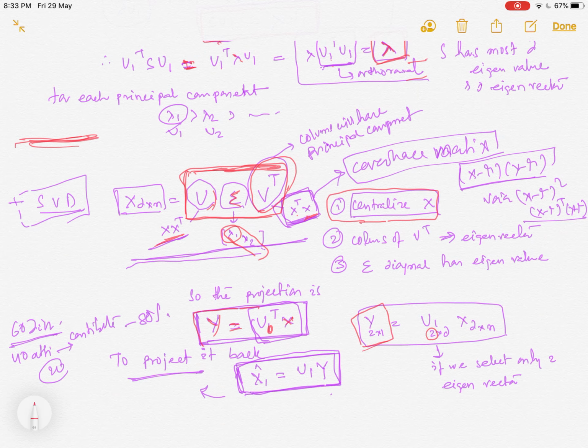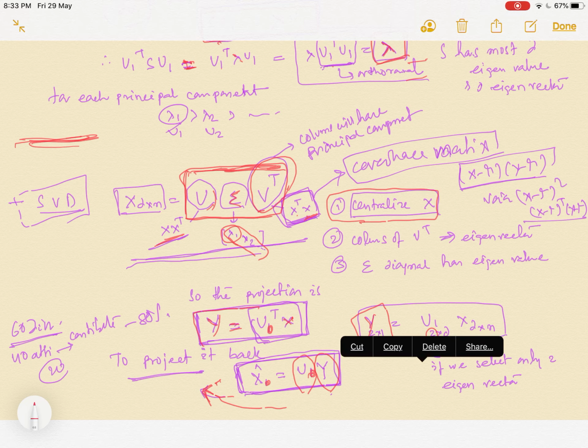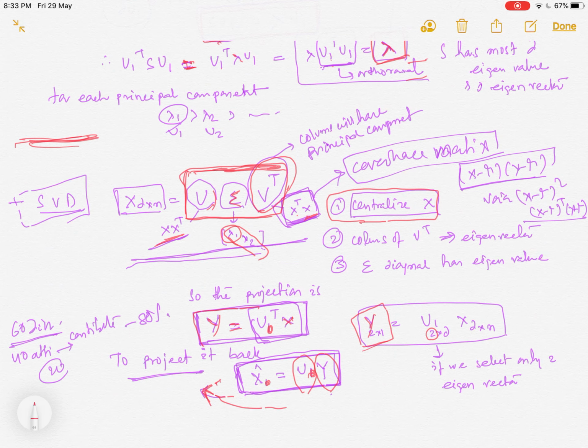Once we have Y, we can go back to the original dimension with the formula x hat is U transpose Y. If we multiply U again with Y, we will go back to the original dimension, but this time with fewer attributes, because we are restricting the attributes we are interested in, and discarding a few of the attributes or eigenvectors.